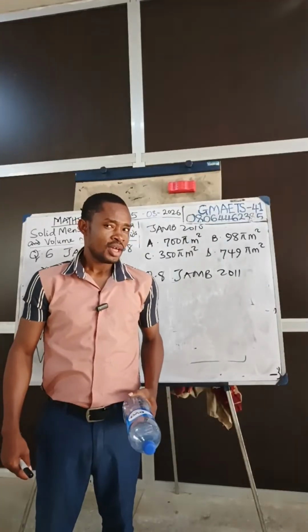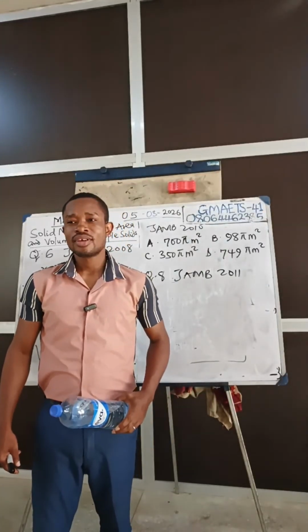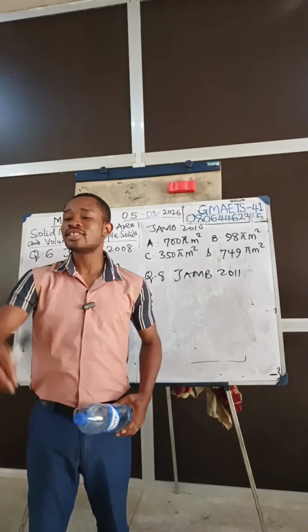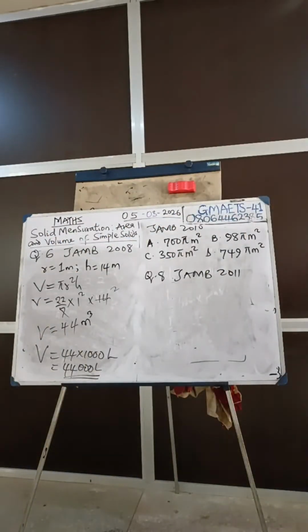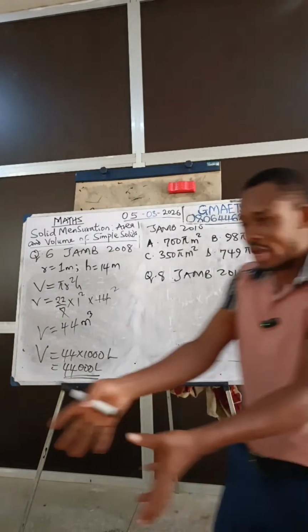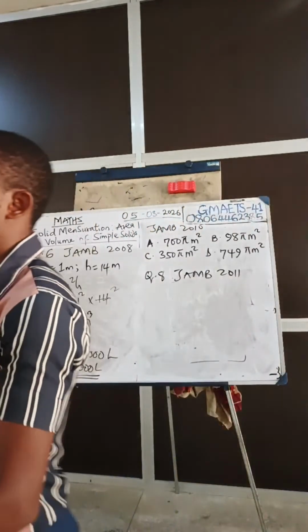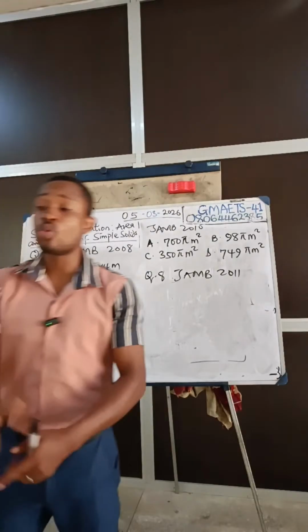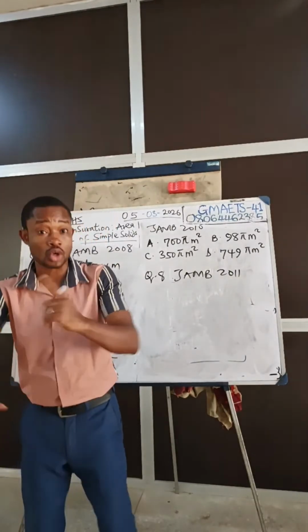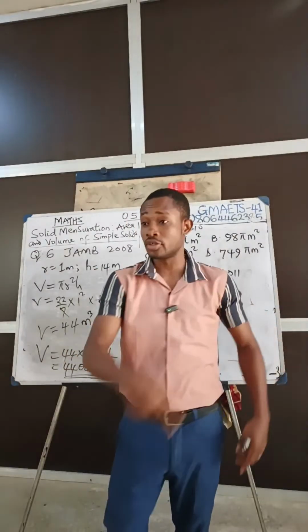Like I said, it's common sense. When the cube enters there, the cube will occupy space. True or false? The cube will prevent some water to enter. The space that water is supposed to occupy, the cube will do what? Occupy it. Now, all of us have agreed that when there is no cube in it, it will contain more volume than when there is cube. Is that not so?